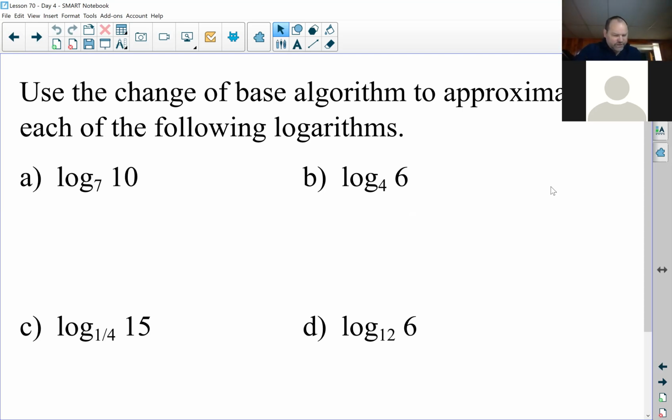So these can be done with just about any calculator, as long as it has that ability to do logarithms. And I'll show you, it doesn't matter which one you use. If you use ln, that's fine. If you use log, that's fine.